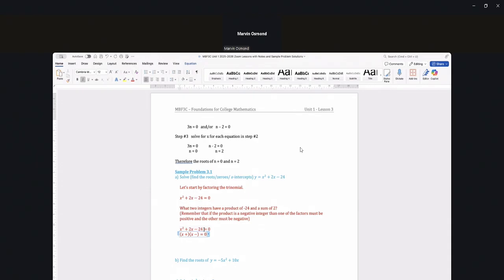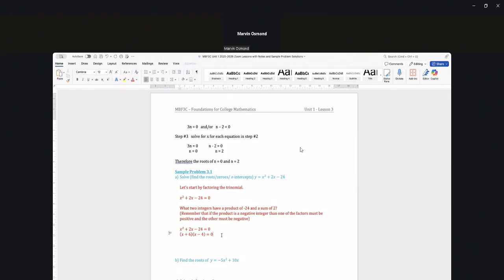Now 6 and 4, if I add or subtract, I can get 2. So those are the two numbers I need, 6 and 4. Now the middle number we get by adding. So if the middle number is positive, that means when we add, the bigger number has got to be positive. So x plus 6, x minus 4.